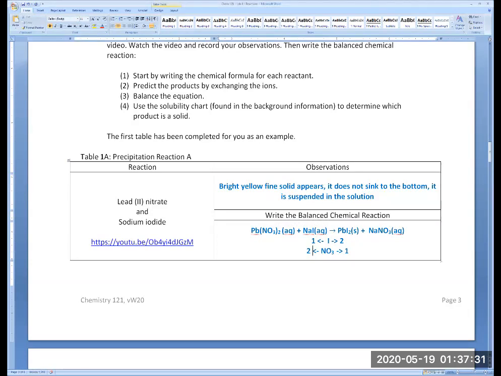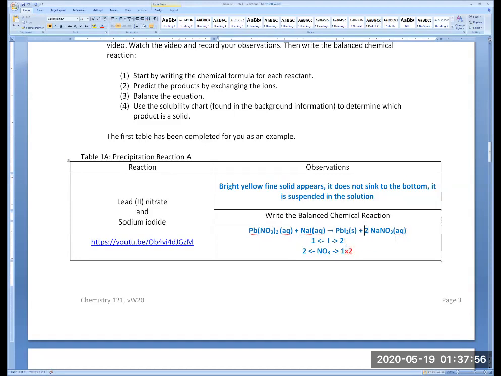So to balance, typically when you have polyatomic ions, you want to start with them. So let's balance NO3 first. We have 2 NO3 on the left. Let's make it 2 on the right. And to make it 2 on the right, we will multiply, so times 2. Let's make this red. And we will place a 2 here.